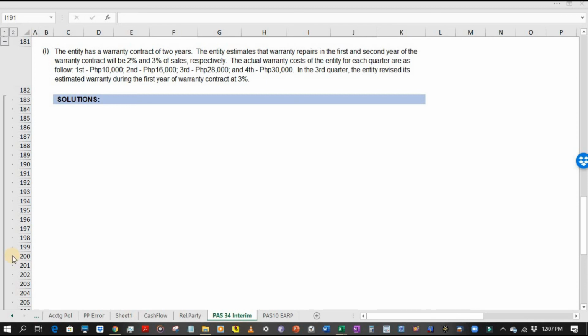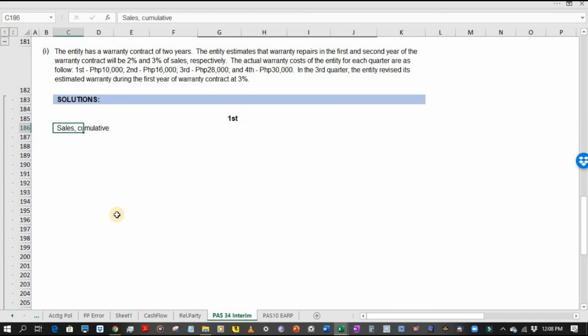Although the warranty contract is good for 2 years, we do not spread out the warranty expense during the warranty period, nor do we spread out the warranty expense during the year, because the warranty expense must be immediately recognized at the point of sale, following the cause and effect principle. So now let us start with the first quarter.